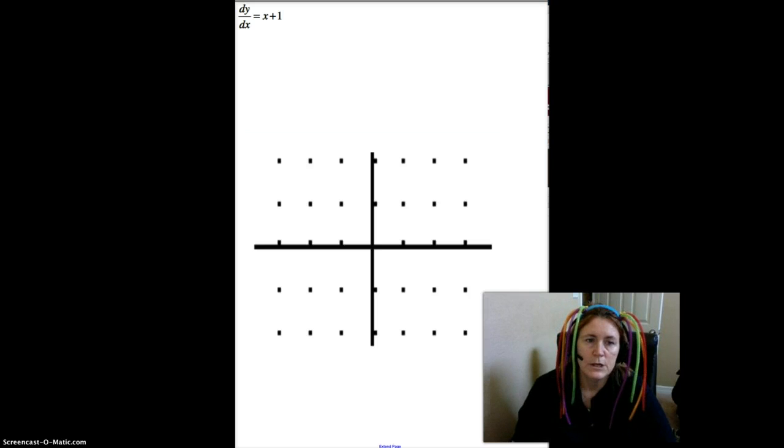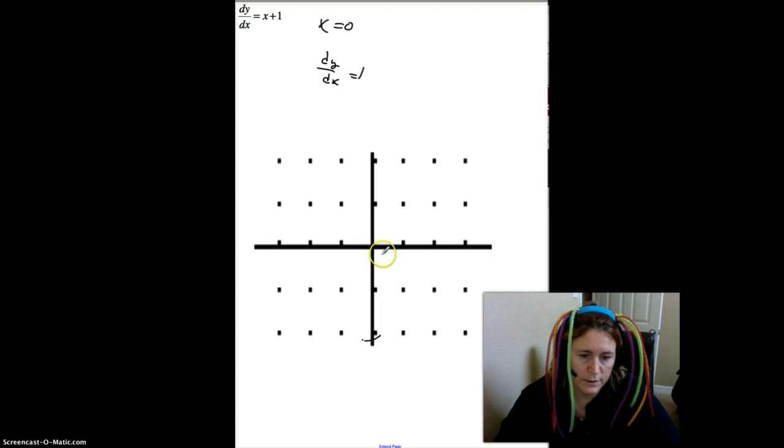Let's see. So for all x equal to 0, according to this, dy/dx is 1. It would help if I could actually draw my little arrows here.